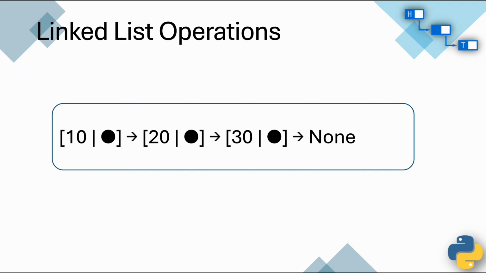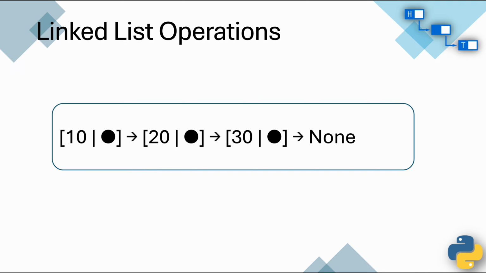Here is a way we can see what a linked list is. Here, 10 is the data, and a dot is the next pointer. In square brackets I have put 10, a pipe symbol, and a dot. Imagine the dot is a memory pointer which points to this 20 object.